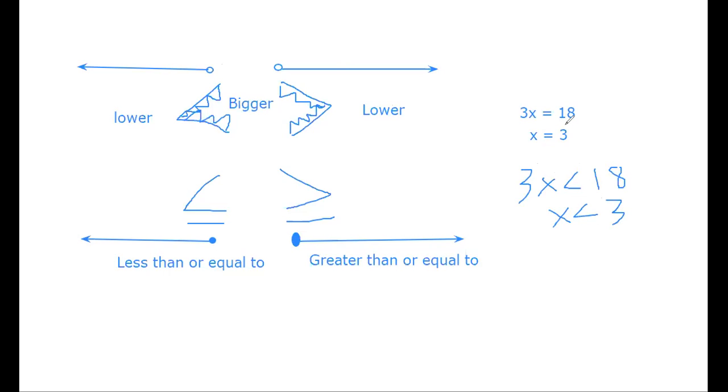Oh, and I did my math wrong, this should be 6. Come on, you guys, you gotta bail me out here. Let me back up here. 3x equals 18. X equals 6. 3x less than 18. X less than 6.